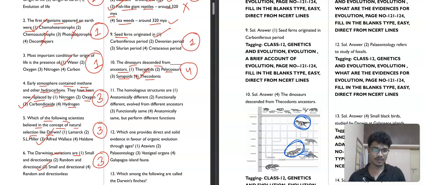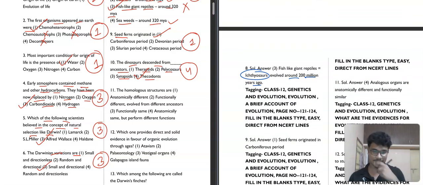Then question number 11 we will discuss. It is saying that the homologous structures are anatomically different. No, how can homologous structures be anatomically different? Then functionally different, evolved from different ancestors. If functionally different, evolved from different ancestors, that is not homologous, right?